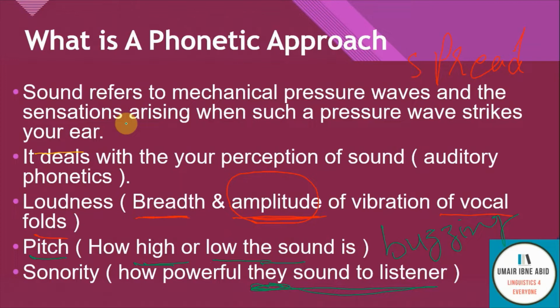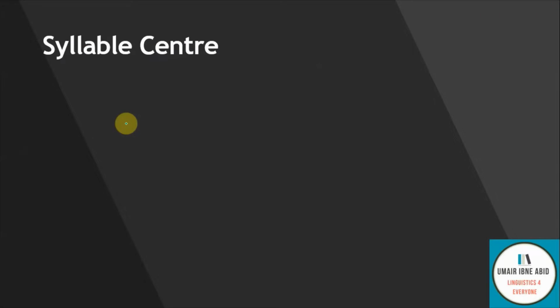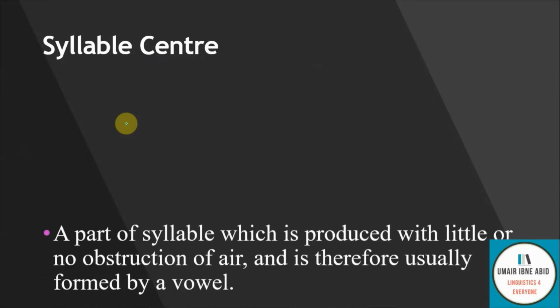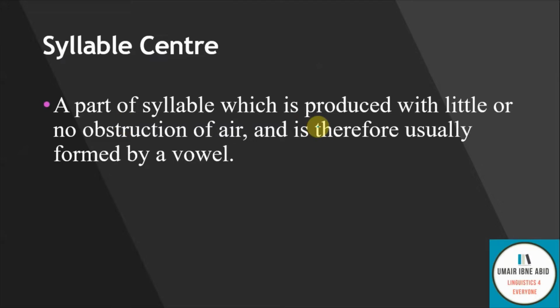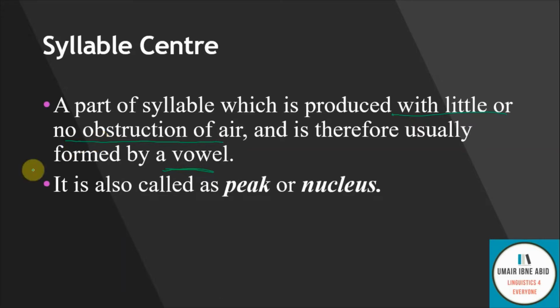We would need a lab, so there are a lot of facilities required to actually look at all this stuff. But let's come to syllable. The syllable center is the part of the syllable which is produced with little or no obstruction of air, and we already know that only vowels are produced with little or no obstruction of air. So it means a syllable must have a vowel. Vowel is a compulsory part of a syllable, as I have told you in the last lecture. It is also called peak or nucleus.